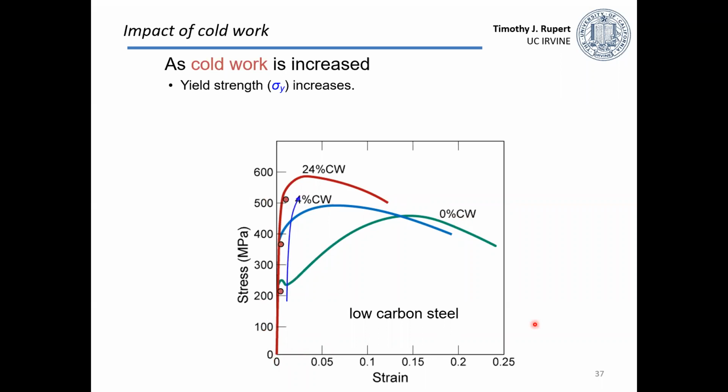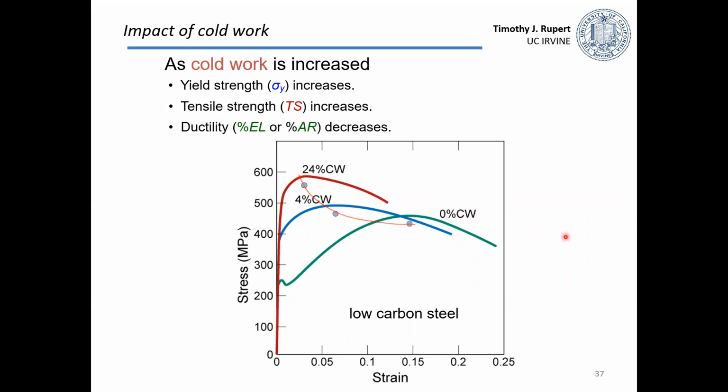As we cold work more and more, the yield strength of that material increases. The tensile strength increases. Remember, that's the maximum strength of the material, the peak of that curve that goes up. And finally, the ductility decreases as we add more and more cold working.